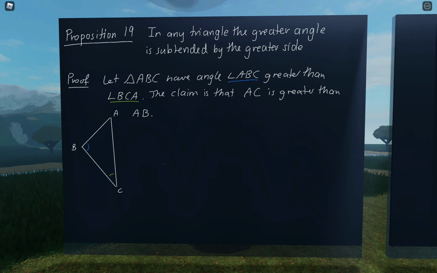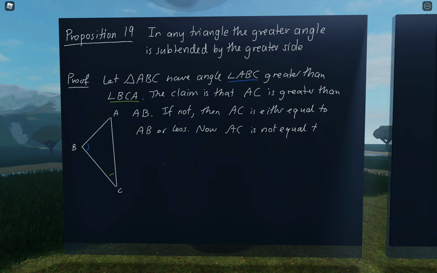Well, it's a proof by contradiction. If not, then AC is either equal to AB or less. Now they can't be equal. AC is not equal to AB.